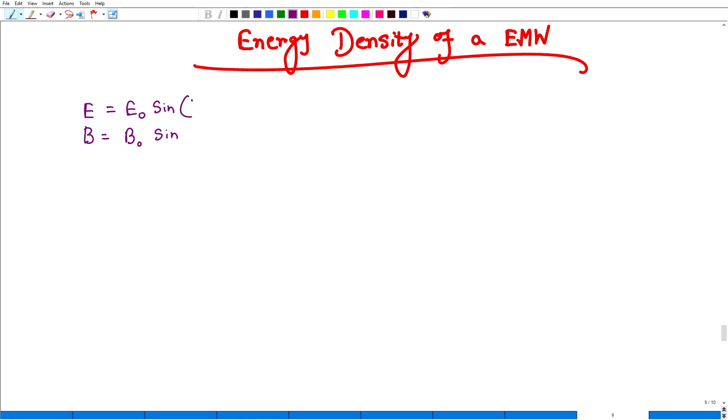As we are writing z, we should write kz minus omega t. This is the electric field and the magnetic field. We are considering the sine convention. We can also consider the cosine or the exponential, which is more general, as we discussed before.